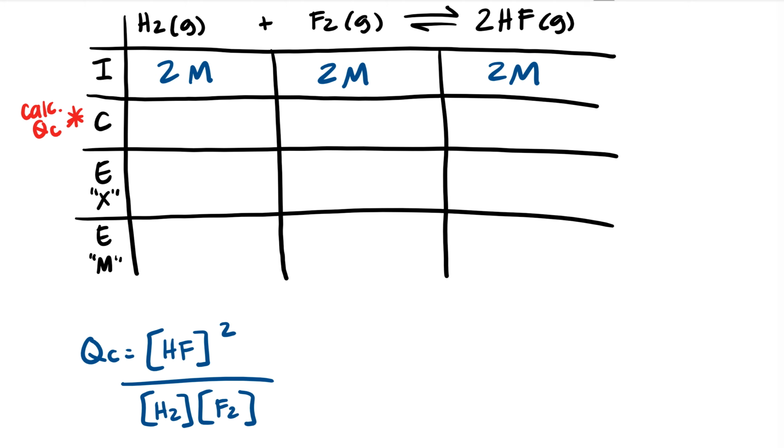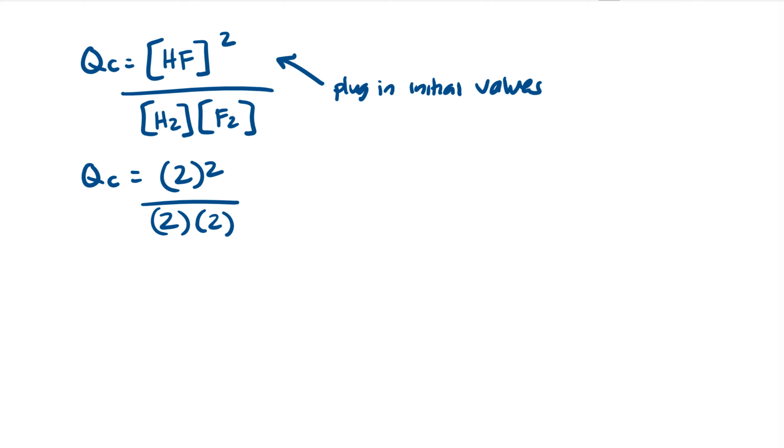Don't forget that your coefficients become exponents in a Qc expression. And so now I'm going to grab the initial values and plug them in here to our Qc. So plugging in our initial values, we see we're going to get a Qc value of 1.